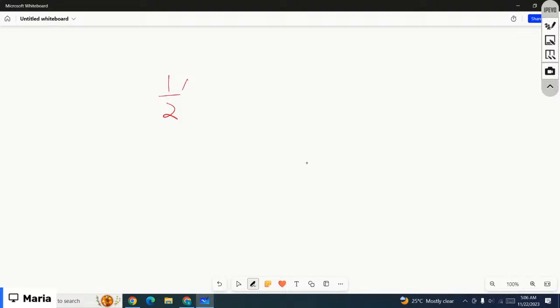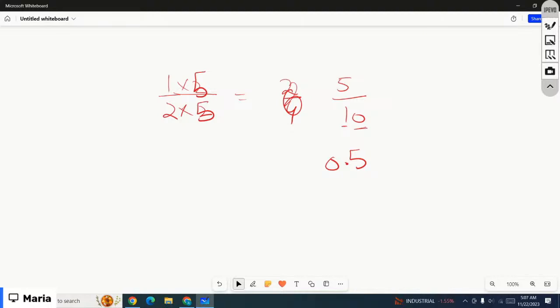Sorry, you have to multiply it by 5. You have to make it 10, right? So 5 times 1 is 5, 5 times 2 is 10. So you put the decimal point for 1 and you have only one decimal place, so it would be 0.5. So the correct option is 0.5.